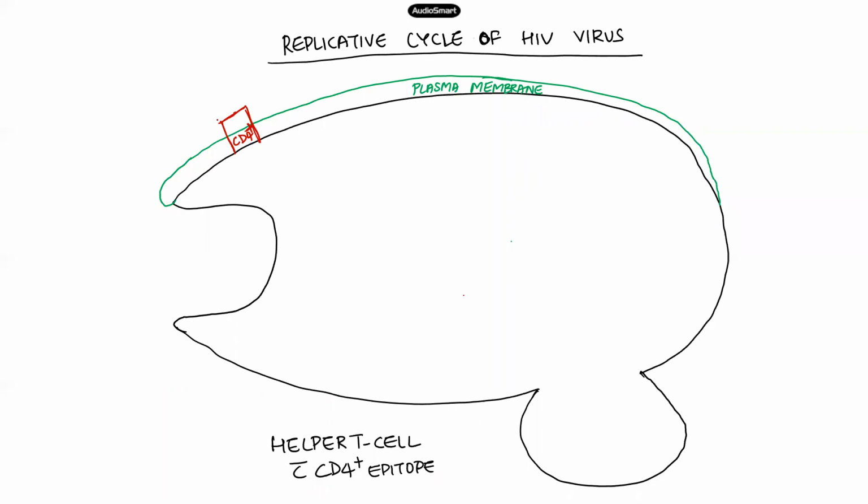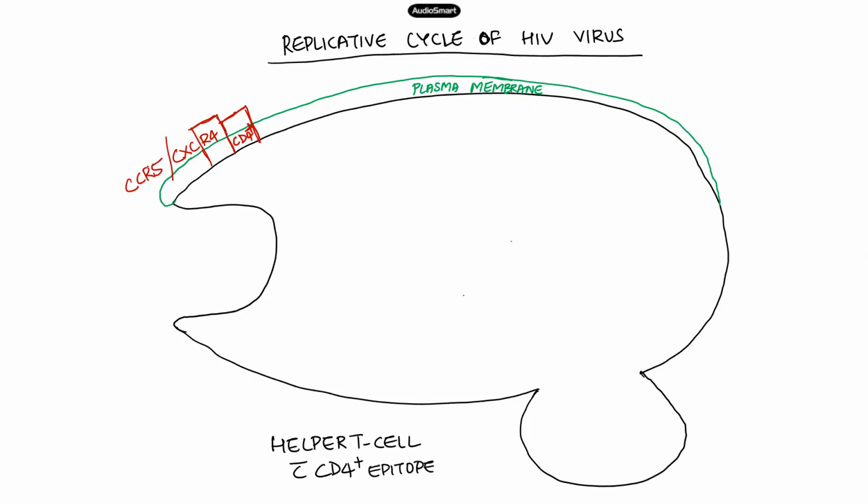And attached to it is another co-receptor. Since we are talking about a helper T cell, we are going to name this as chemokine co-receptor, and it is called CXCR4. Now, if this were a macrophage that we are talking about, instead of a CXCR4, we would have got a CCR5, right?